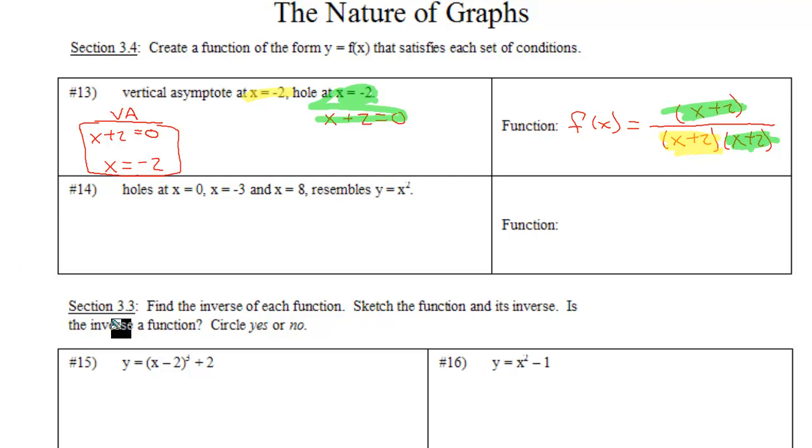That's it. Number 14, same directions, so our answer is going to be f of x equals a fraction. It's always f of x equals a fraction. There are no exceptions. If you have a hole at x equals 0, that means you had to cancel from the top and the bottom an x. If you had a hole at x equals 8, that means you had to cancel from the top and the bottom an x minus 8.